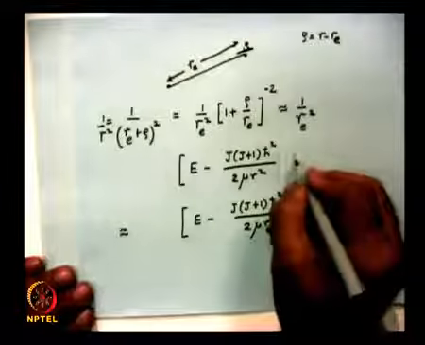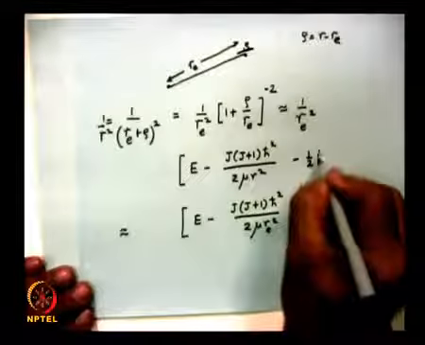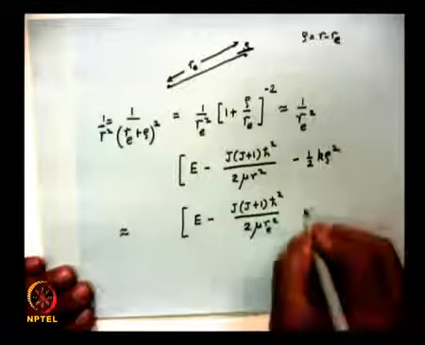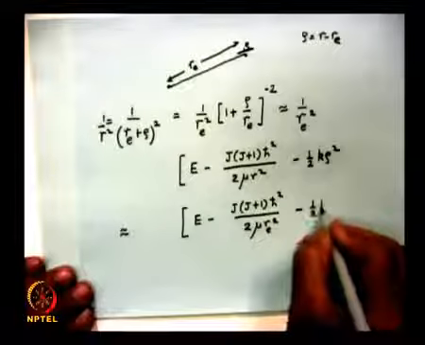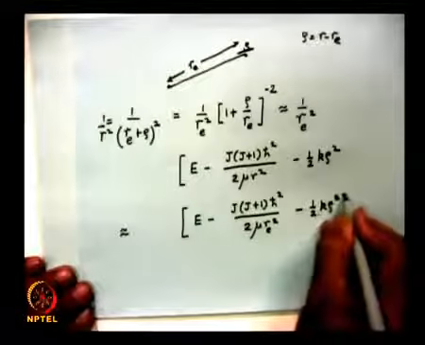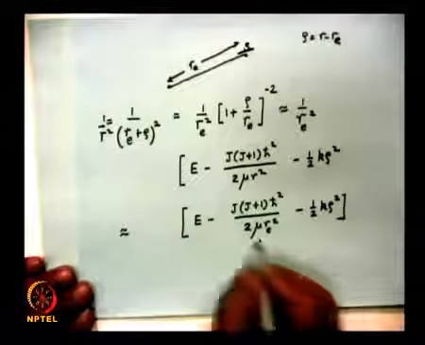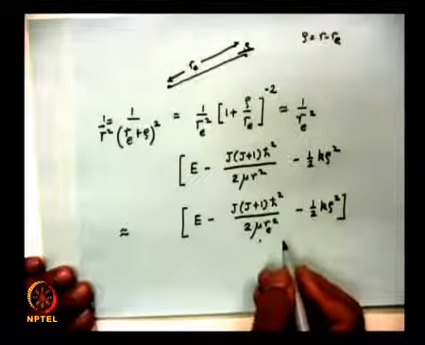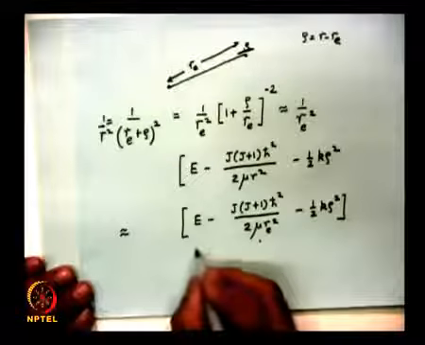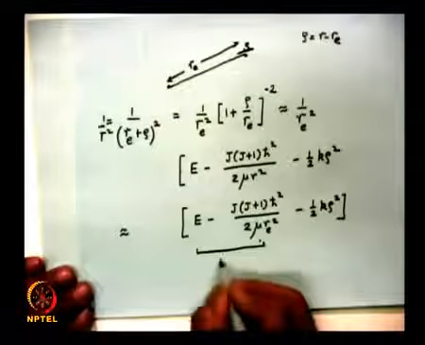And then you have this term, minus half k rho square. So, this is just a constant now. This does not vary with rho. So, I represent this by E prime.